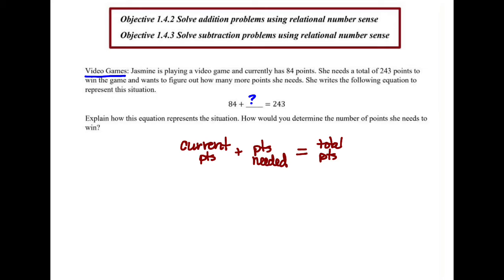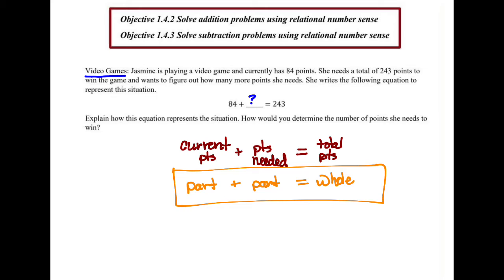One way that you will see this represented is part of the points plus another part of the points is equal to the whole amount of the points necessary. So this is what we're going to concentrate on. That's kind of the relational number sense that they want you to get to. So if you add two parts, you get the whole.